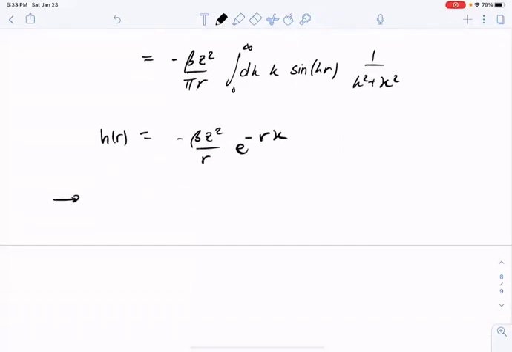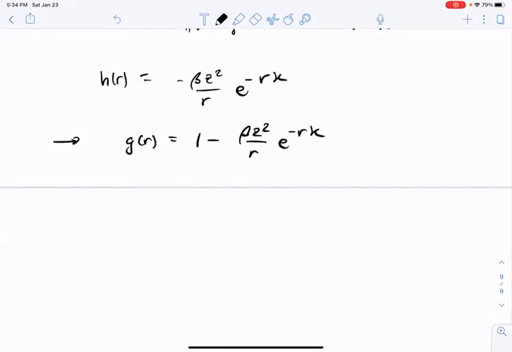In terms of our radial distribution function g of r, that is then 1 minus beta z squared over r e to the minus r times kappa, in which we've just learned that the distributions of ions relative to each other, as encoded by the radial distribution function, is a screening of the Coulomb potential.